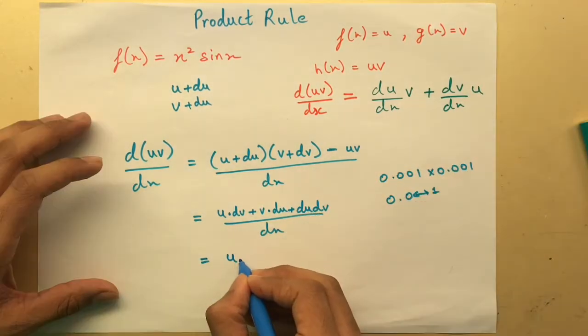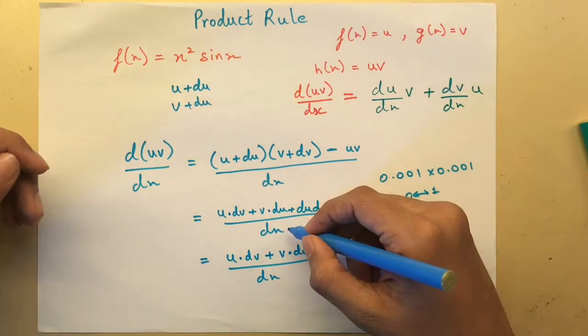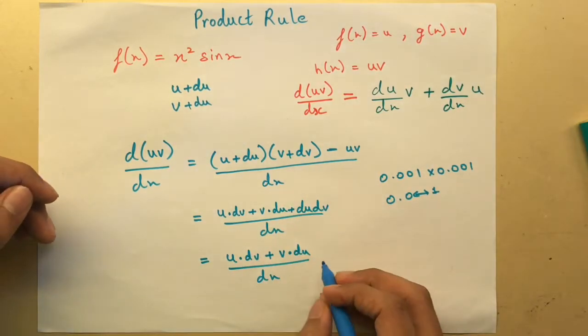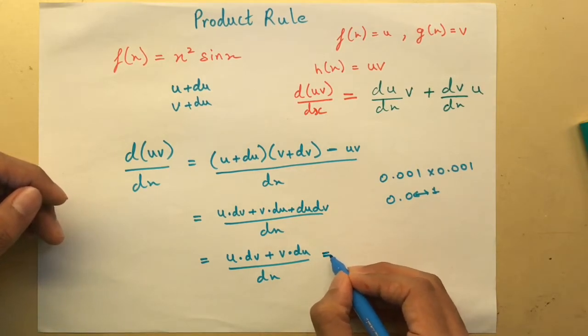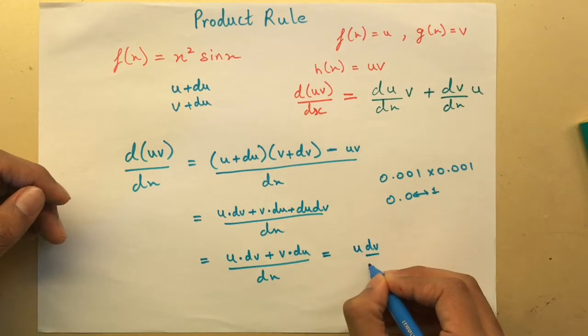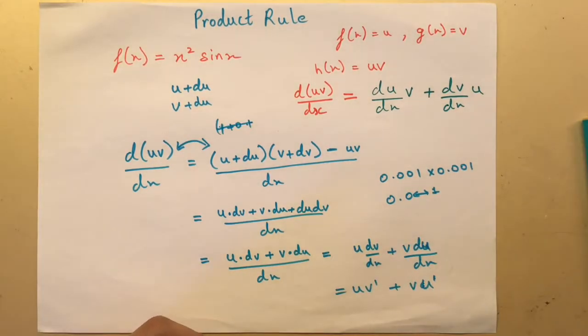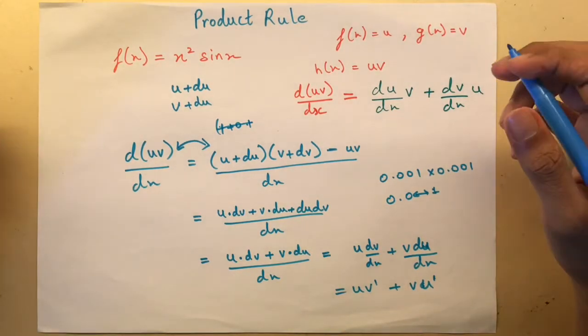So we can just write it like this. That's the reason why we can write it like this. And then this is exactly the same as u times dv by dx plus v times du by dx. And here we have an intuitive way of looking at the product rule.